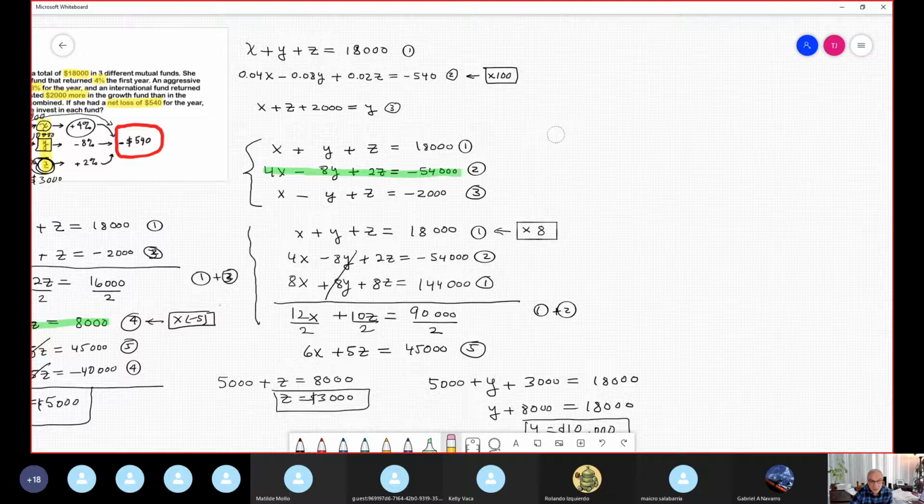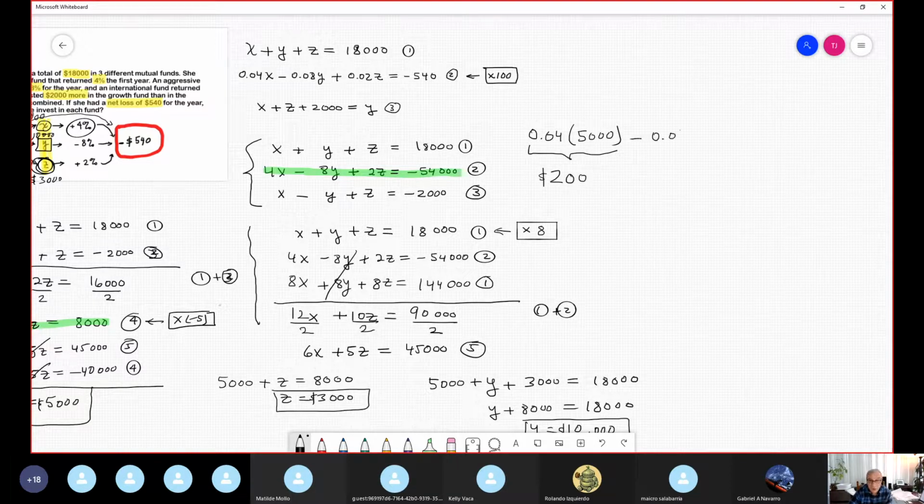You take the original earning or loss, 0.04 multiplication by 5,000, because X is 5,000. And this gives me the money in the first account, $200. Of course, positive.